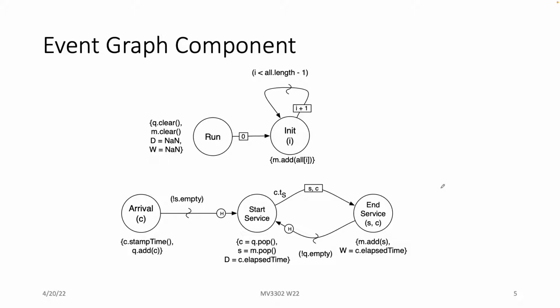Okay, so let's see how this event graph component would look. In terms of our Q and D and W, that is the container for the customers waiting for service, and for our tally state variables, or our transient state variables, that's all kind of the same.